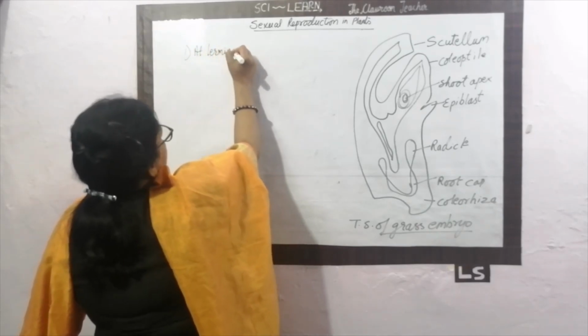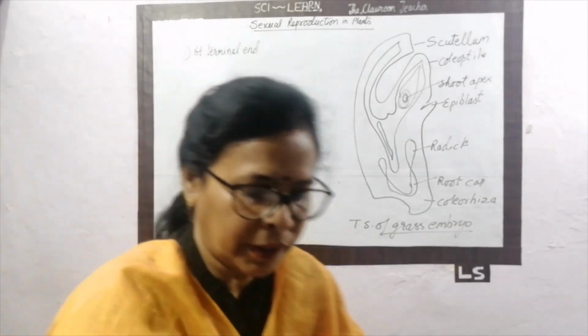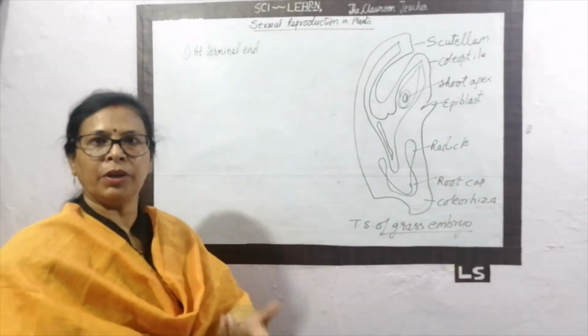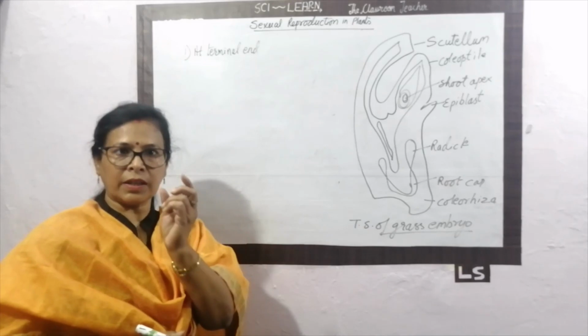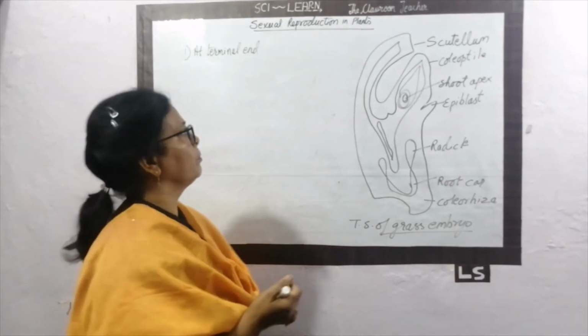What happened at the terminal end? At the terminal position, the single cotyledon is present, and that single cotyledon is called the scutellum.